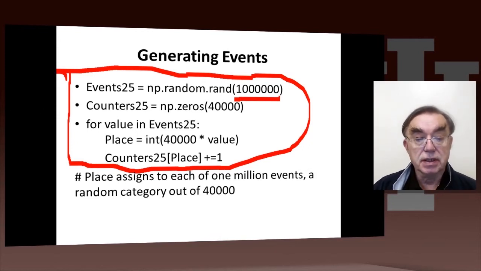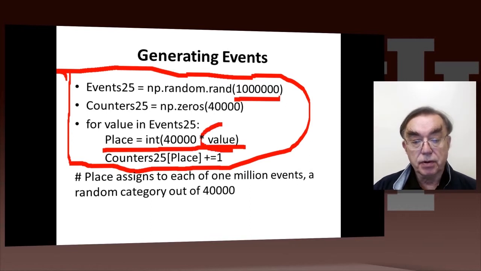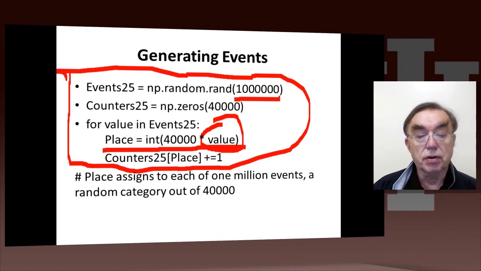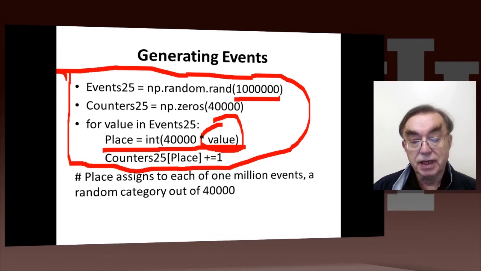That's what is done here. We take the number between 0 and 1, multiply by 40,000. That gives us a number between 0 and 40,000, or 40,000 minus a little bit, because we'll never get the value 1. And then we make it into an integer, which runs between 0 and 39999.